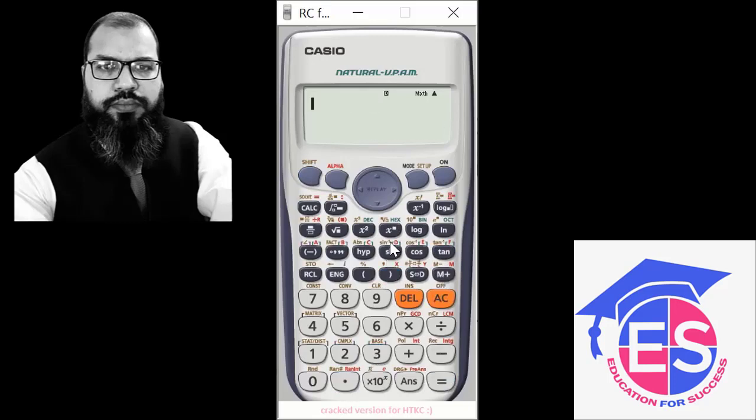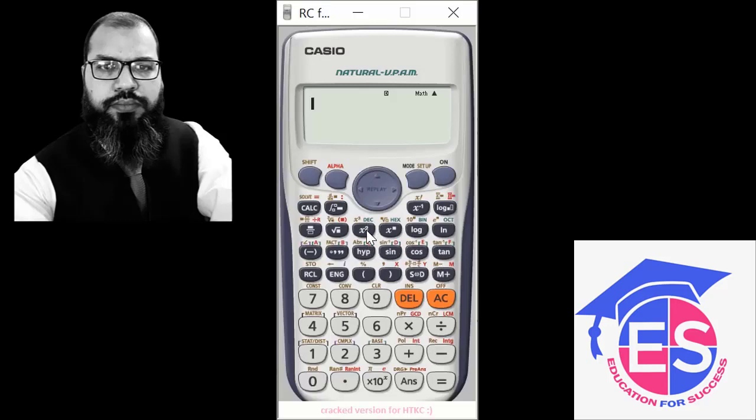The same process you can use for sine. Sine 25 will be equal to this, and shift sine will again give 25. Okay, this is the reverse. Sine and sine inverse, cos and cos inverse have the same process.